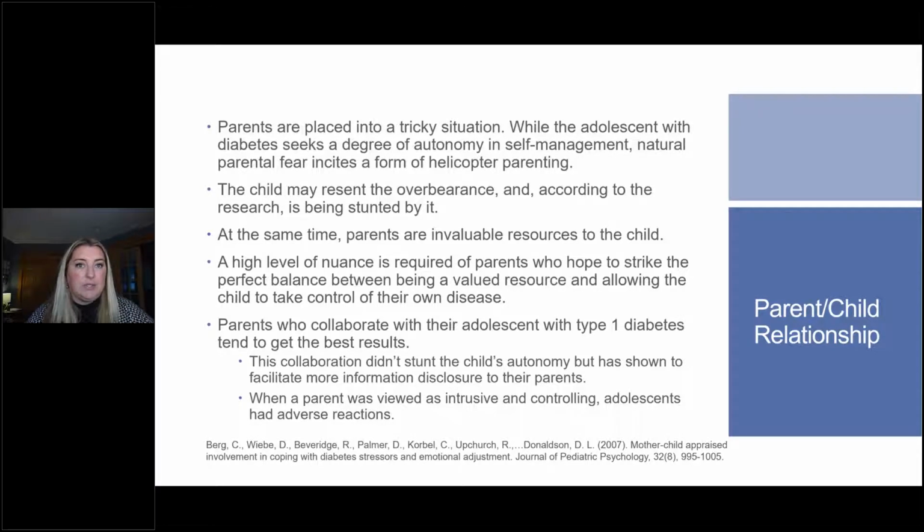So when I was diagnosed at 13, I knew a little bit about diabetes because of my little brother and babysitting him, but I was no expert. And so I had to rely on my parents in a lot of those situations to help me out.